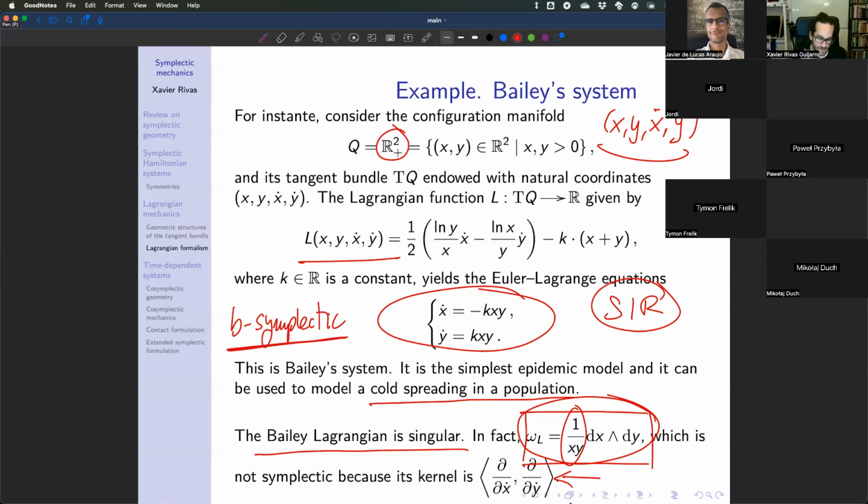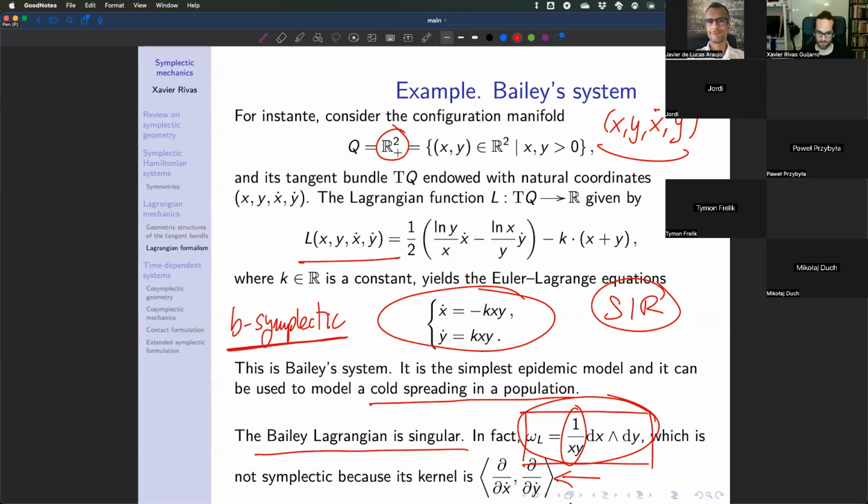And the thing is that the differential equation for x dot, y dot that is written can be understood as a Hamiltonian vector field, as the differential equation for the integral curves of a Hamiltonian vector field relative to this b-symplectic form. It turns out that it is a so-called b-Hamiltonian vector field.